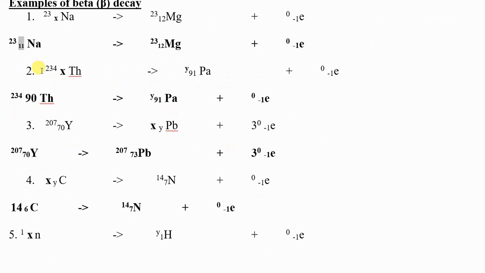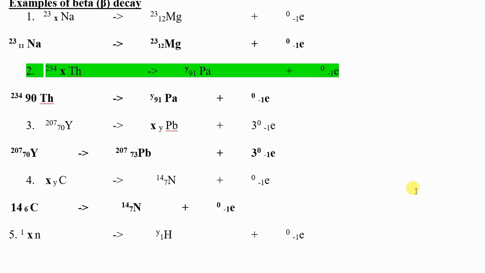Let us look at this number 2 here. Thorium has atomic number of X, mass number of 234. So it is forming a Pa of atomic number 91 and the mass number of Y. So here Y should be the same because in beta decay, the mass number is 0.